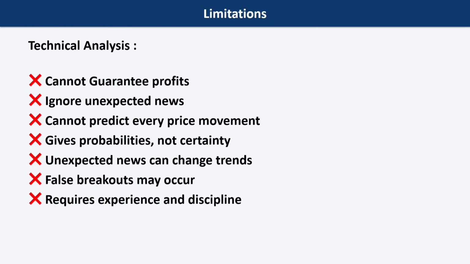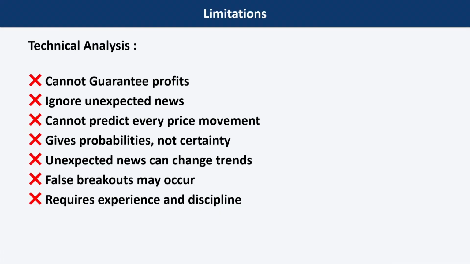It improves the probability of making better decisions, but there is no method that can predict the market perfectly. For example, even if all indicators suggest the stock price will rise, unexpected events can completely change the market direction, right?